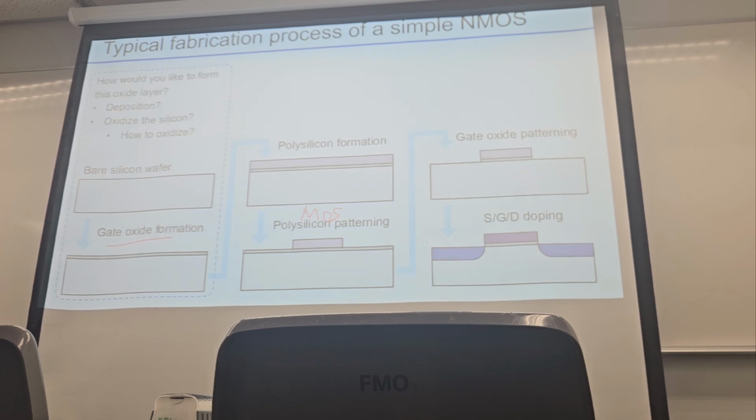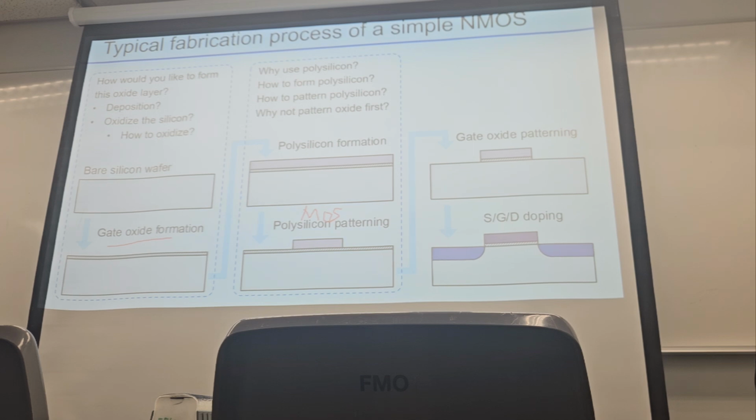So there are several key knowledge points you need to remember. For example, how would you form this oxide layer? This oxide layer is for the gate oxidation. So we always want to use oxidation, not the CVD, because oxidation gives us higher quality compared to the CVD, no matter PECVD or LPCVD.